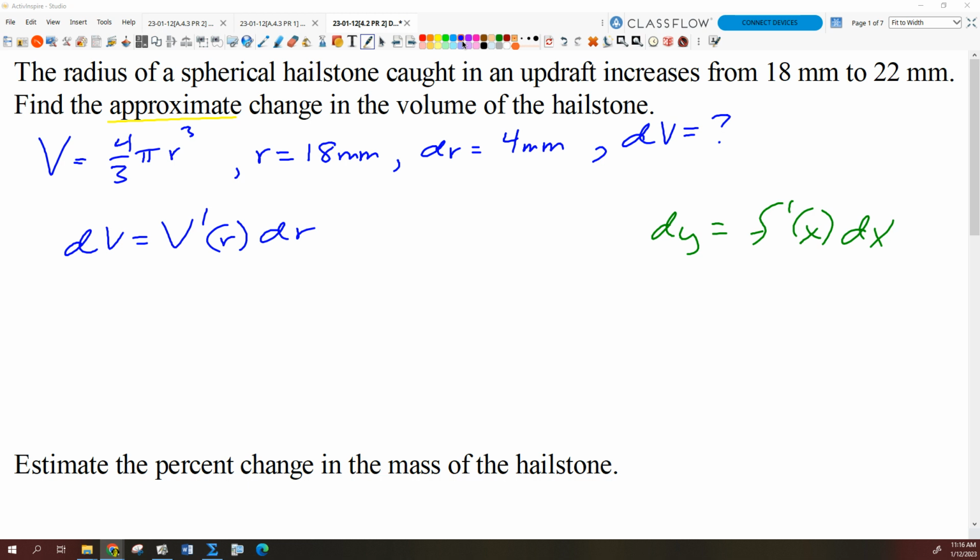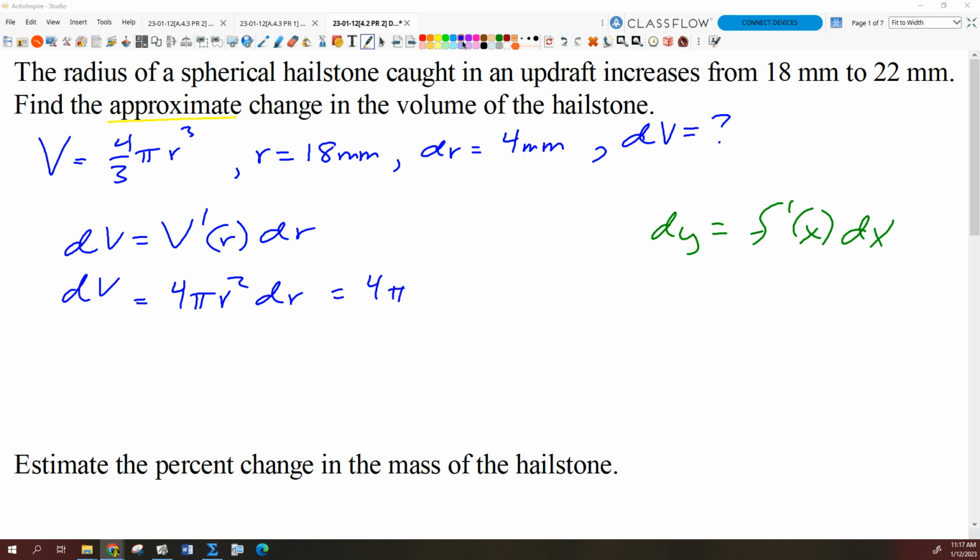And what is V prime of r? That's going to give us 4 pi r squared, right? Make sense? All we have to do is plug in the values. So what are our values?